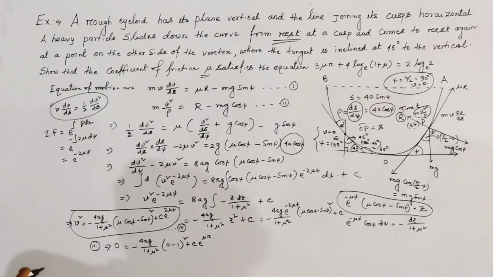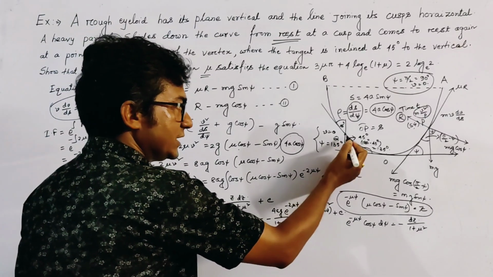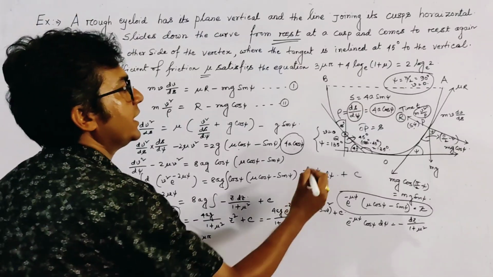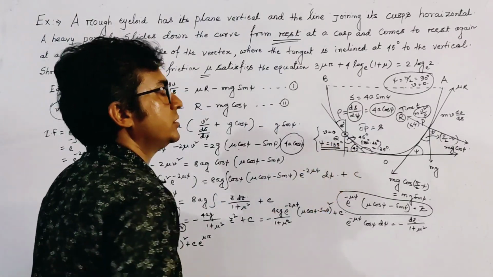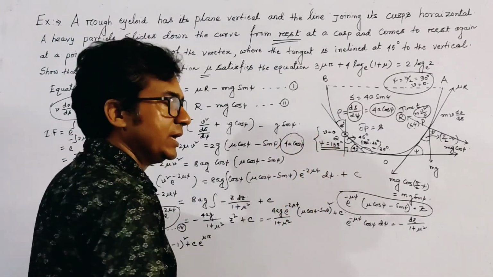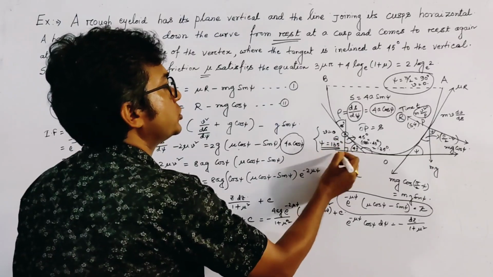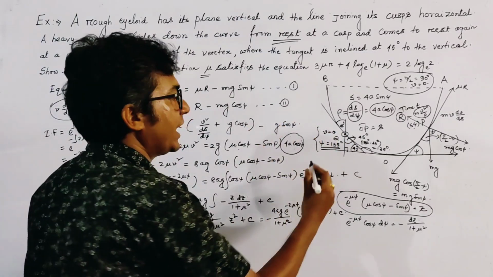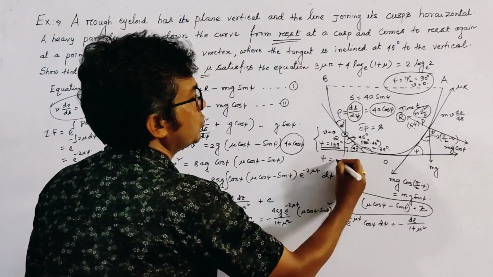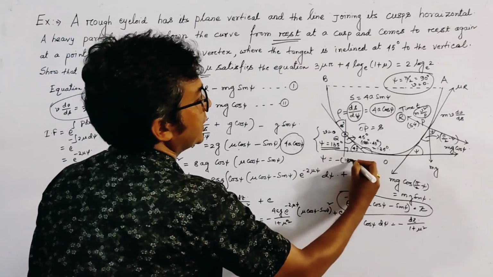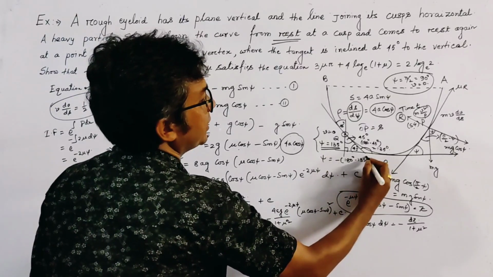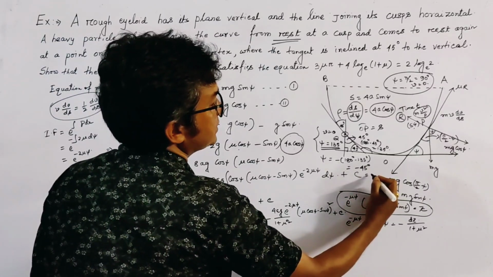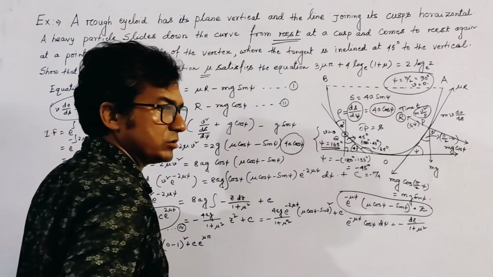And also we put the second condition, that is the condition at the point Q. Here psi is 135 degree, and we also put the value of psi instead of 135 degree as psi equal to minus 180 degree minus 135 degree, and this is minus 45 degree, that is minus pi by 4.